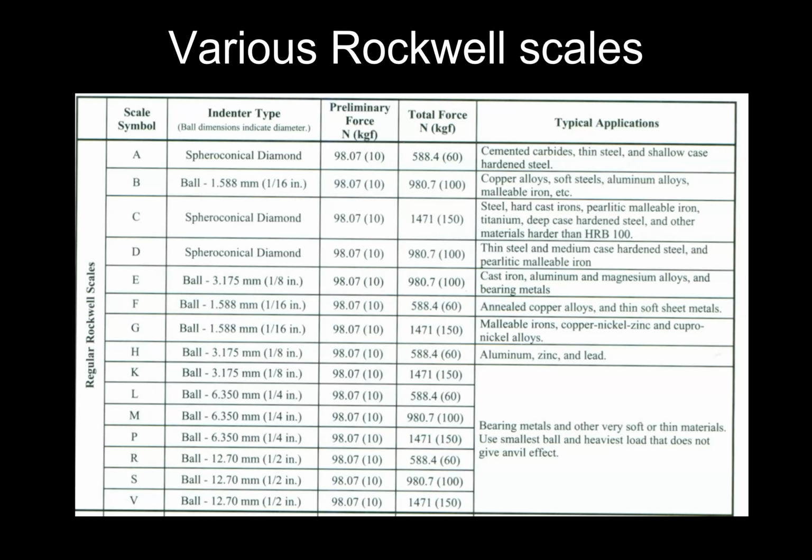And so the difference between the Rockwell tips basically will be maybe the shape or the material of the tip that's being used. It could be spherical, conical, so more or less sharp and made of diamond or steel.